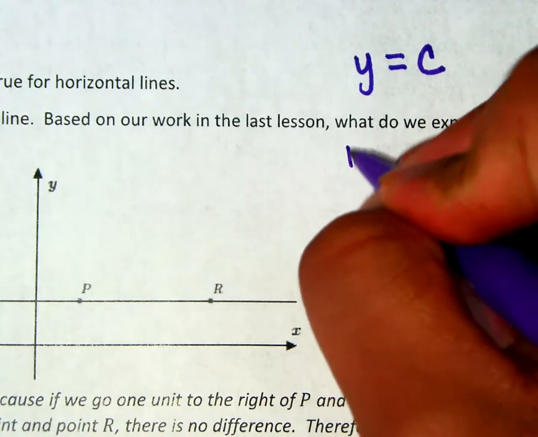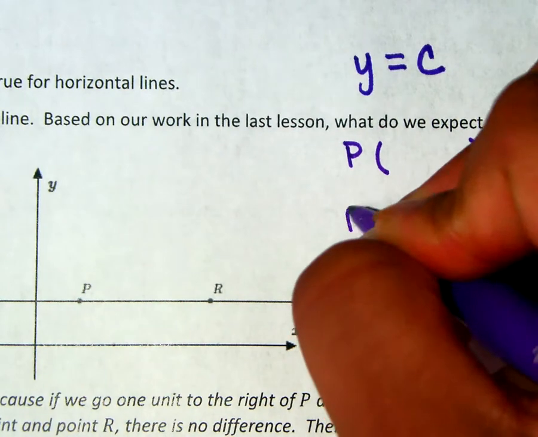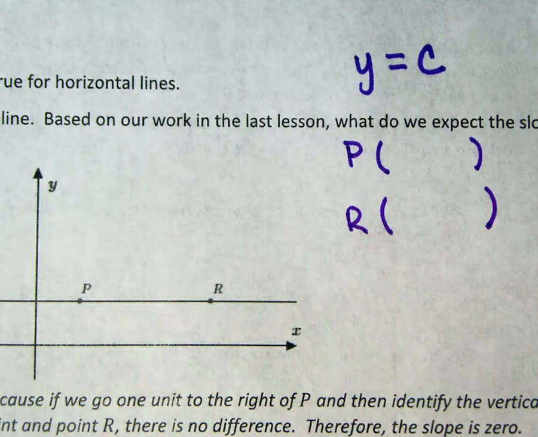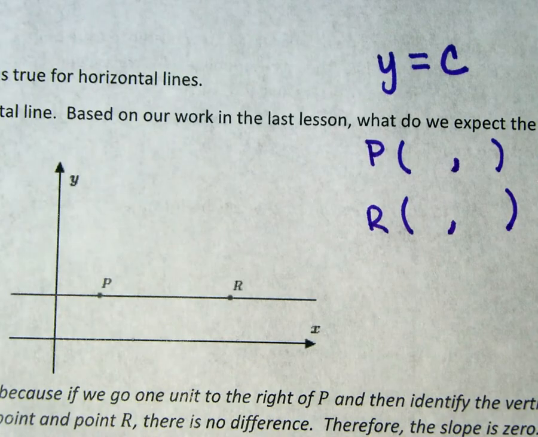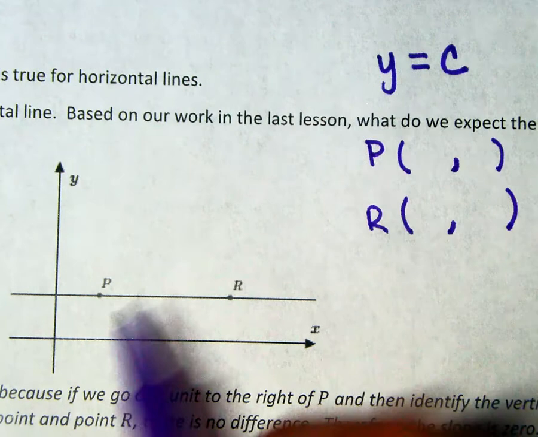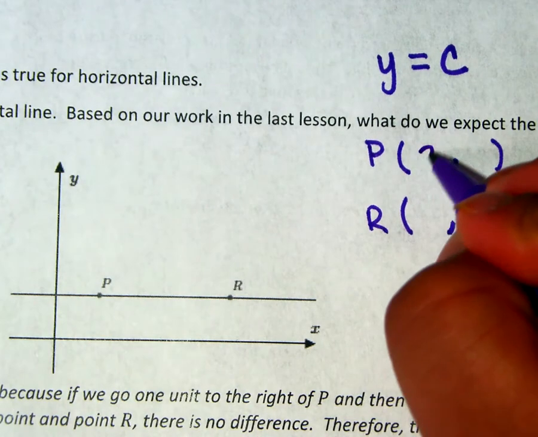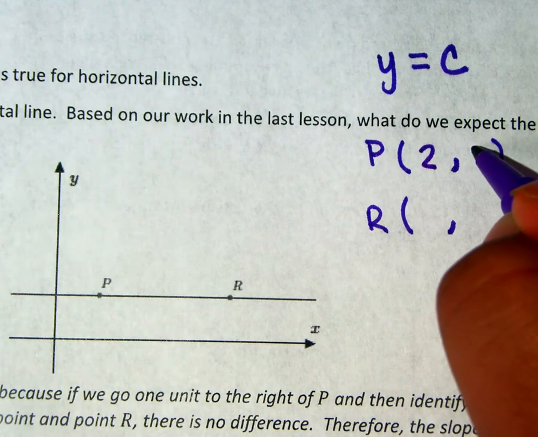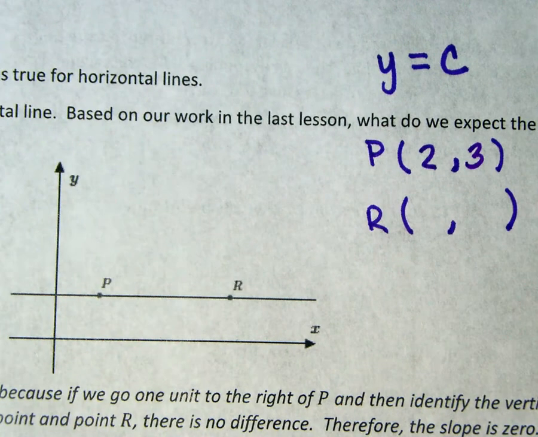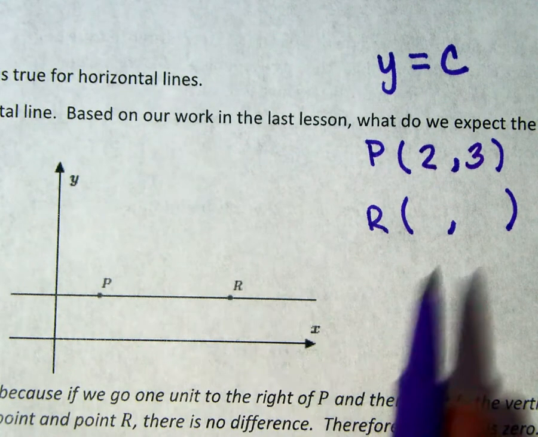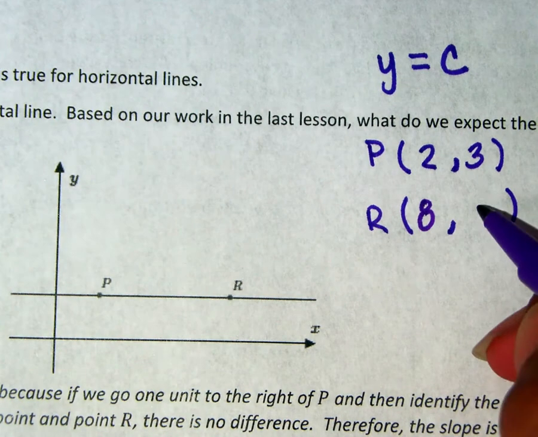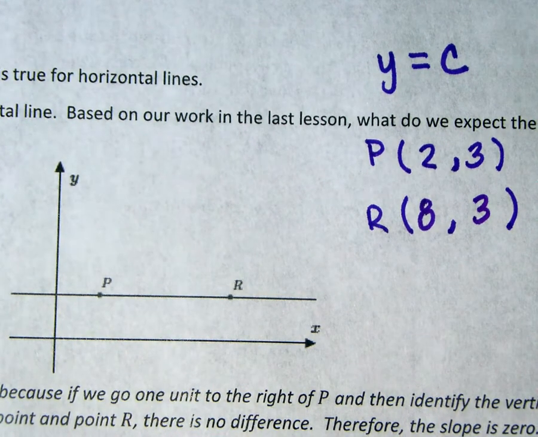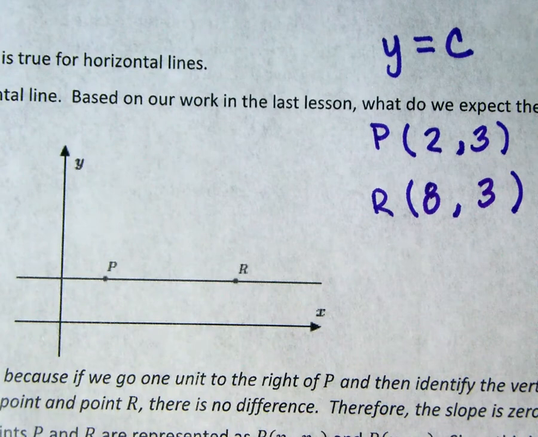So let's give P an ordered pair and R an ordered pair that has the same y value but a different x value. Let's make P located at x of 2 and y of 3. R is a little further down the line, so it's going to have to be greater than 2. Let's choose 8, 3. Remember, our y has to be this constant, the same value.